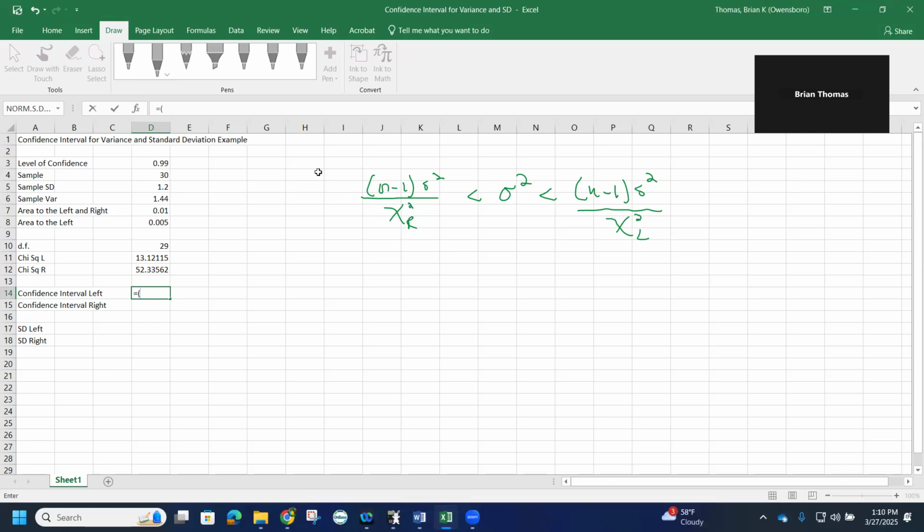So in parentheses, my degrees of freedom is in this cell, and I've got to multiply that by my sample variance, which is in this cell. And then I have to divide that by chi-squared R, which is in this cell. So close parentheses. I can hit enter. Let's see what I got here.